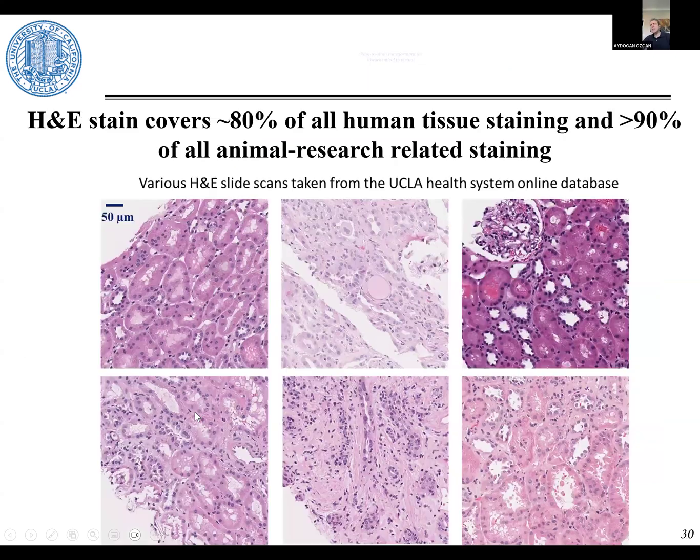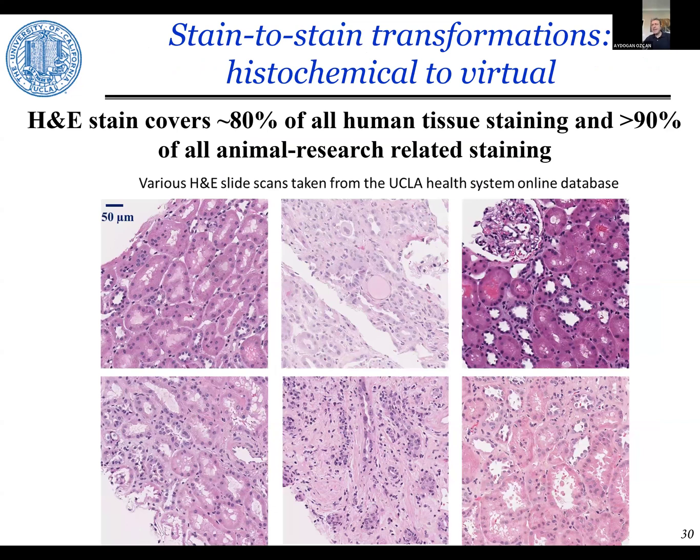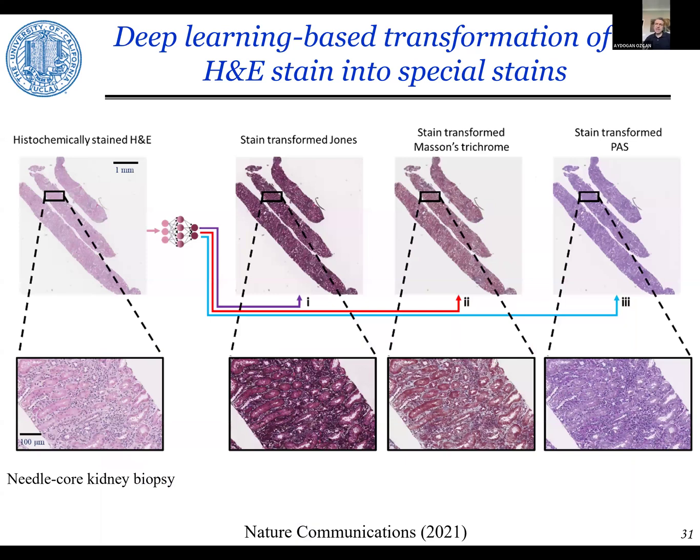We call these stain-to-stain transformations enabled by label-free virtual staining. If there's an H&E in your data system, or if H&E comes routinely through a standard clinical workflow, and you're asking the question, oh, I'd love to see the H&E plus another contrast, another stain, that's where these kinds of stain-to-stain transformations will be transformative.